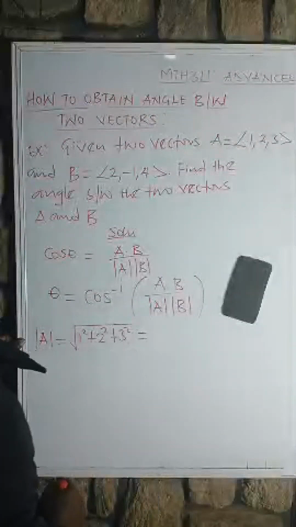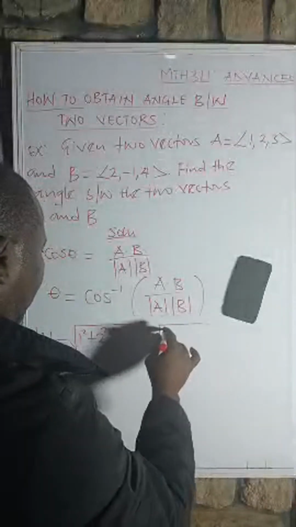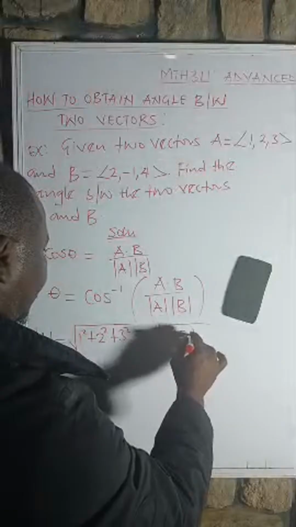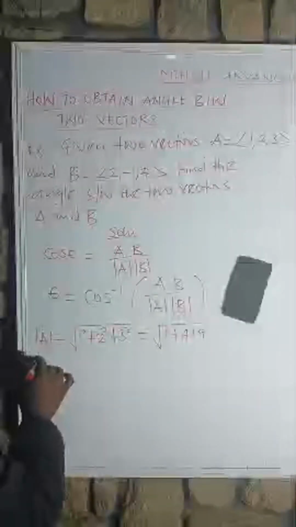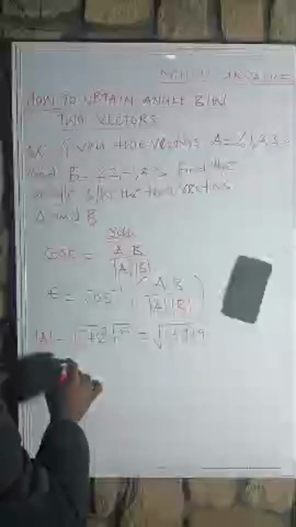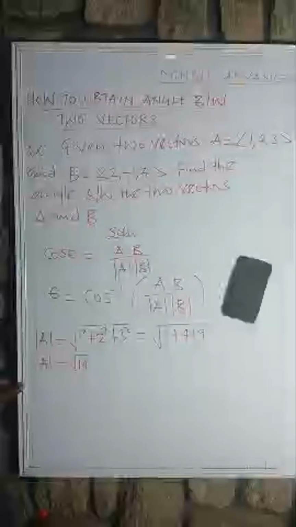Then this is equal to 1 plus 4 plus 9, which is 14. Our magnitude of A is equal to square root of 14, right?